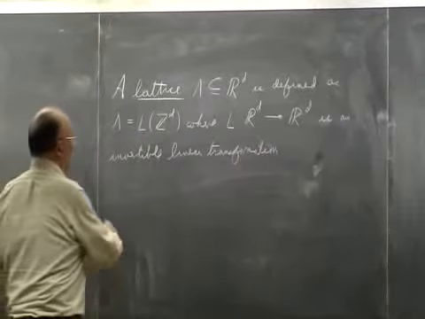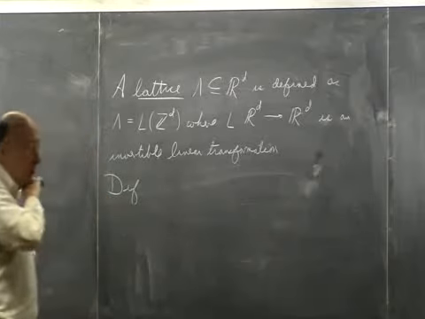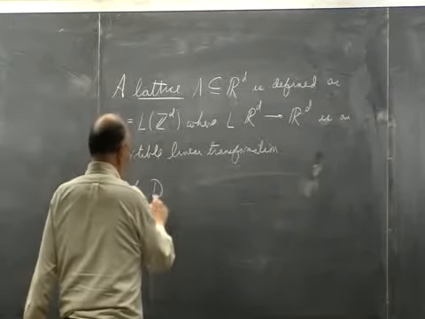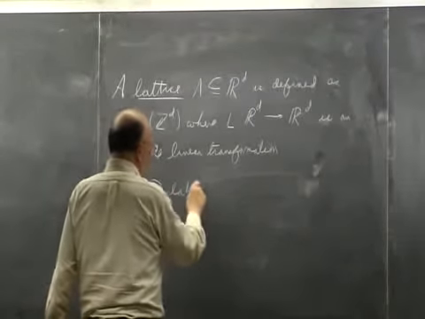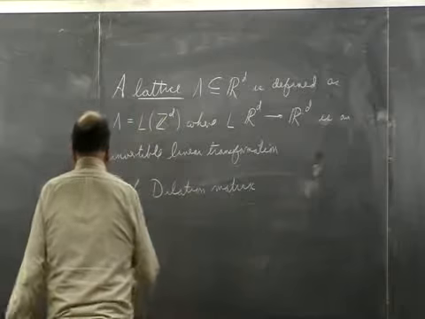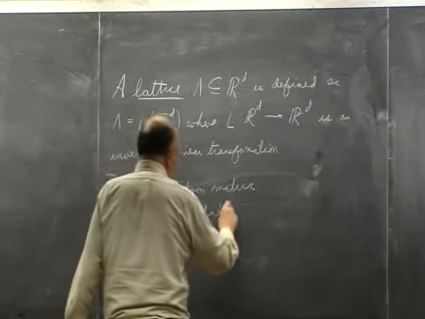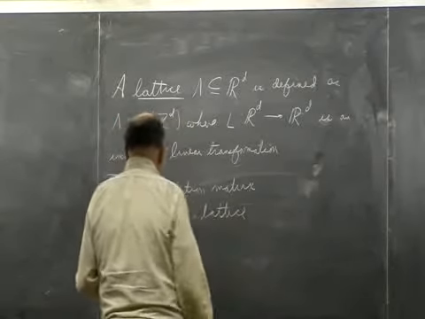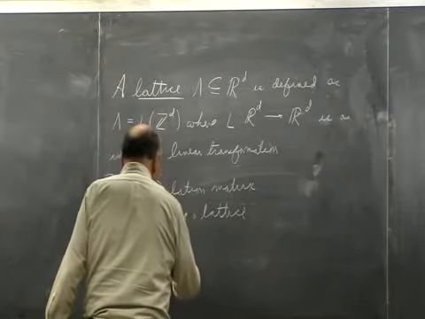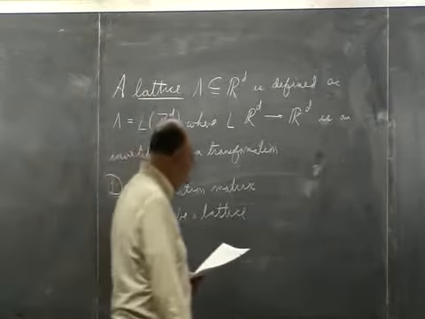And there are several equivalent words that are used to define what I'm going to define now. I'm going to call them dilation matrices, but definition of the dilation matrix. So let Lambda be a lattice. So in particular, Lambda is contained in R^D. And lattices are what we think of as lattices. Okay.